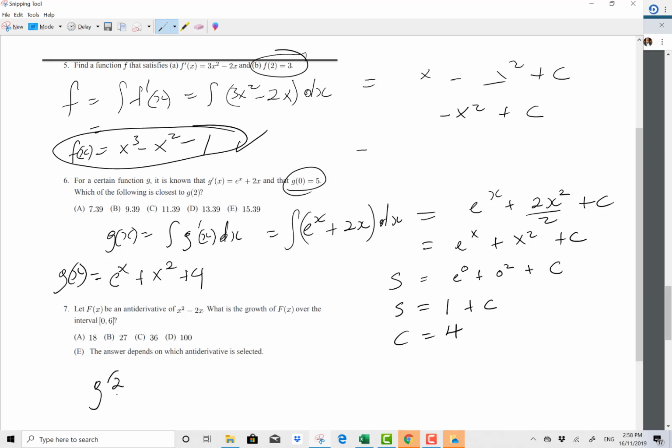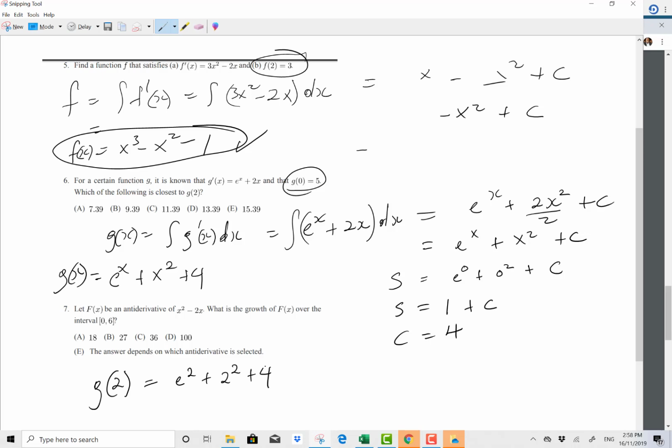So g of 2 is simply going to be equal to e to the 2 plus 2 squared plus 4.